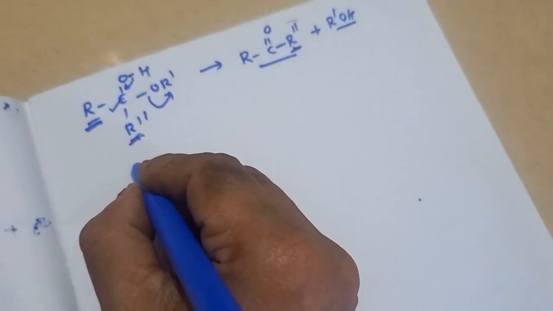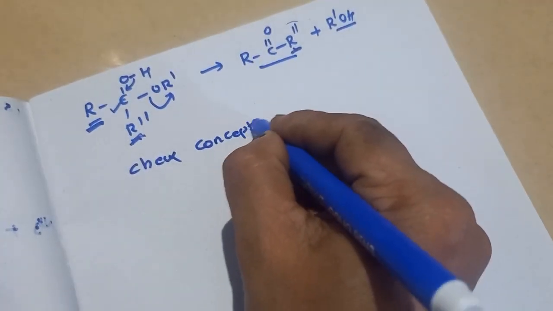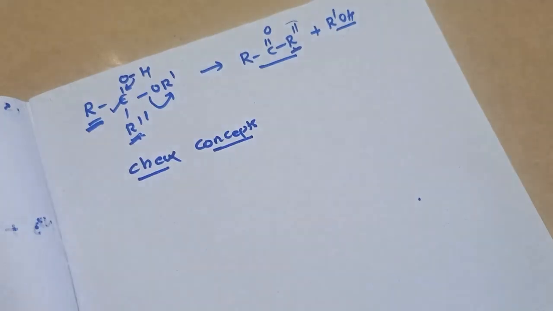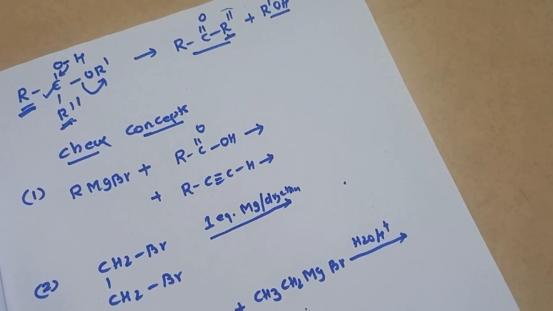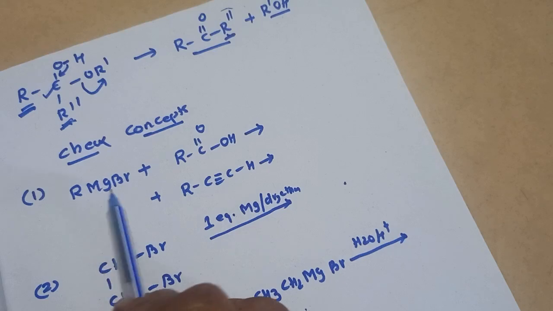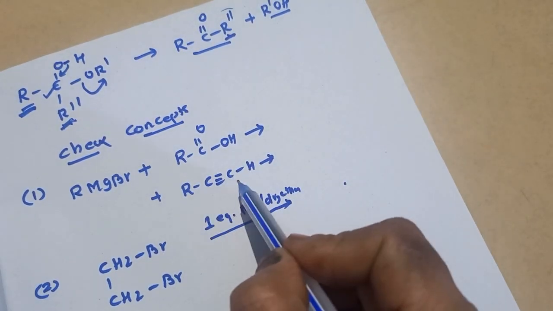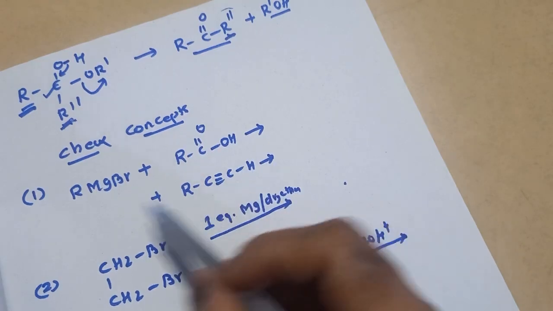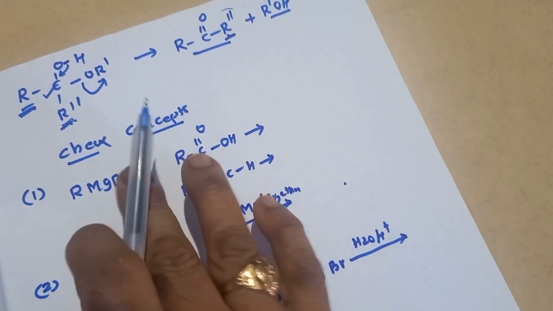Now let us check our concept, how much we are understanding now. Check concepts. So here RMgBr is treated with this carboxylic acid, and this is an acetylene group. Students, I have already told that if an acidic proton is there, there is simply nothing to do.